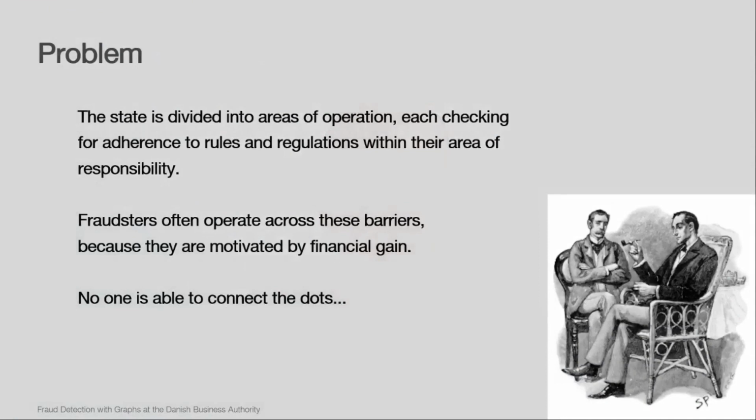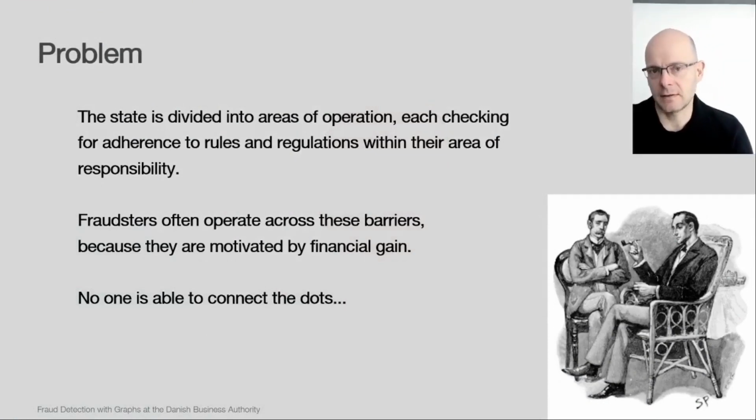So suddenly we have access to other authority data that is of interest in a fraud investigation. And I'll show you some of the compensation scheme controls that we have built on top of that. And afterwards, I'll explain a bit about how we achieved this.